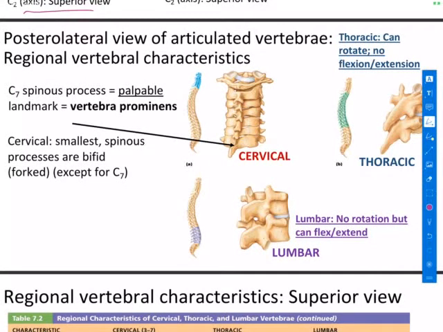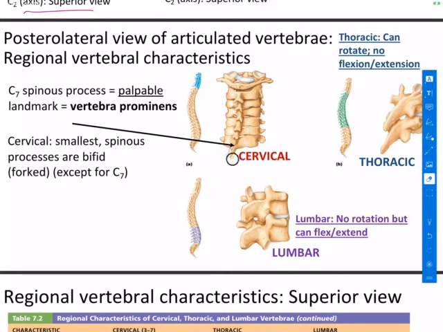Also, it's supporting the least amount of weight of any of the vertebra in the column. It's supporting less weight than the thoracic and lumbar vertebra, so they're small vertebra. Also, the spinous process is bifid. What bifid means is that it's forked. Each spinous process is forked except for the 7th cervical vertebra.